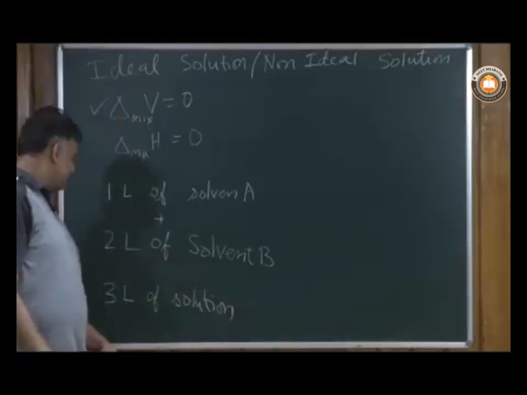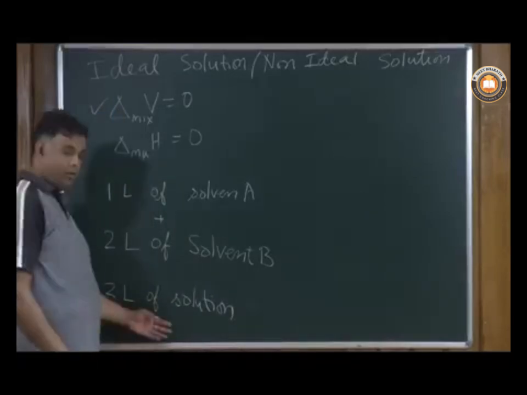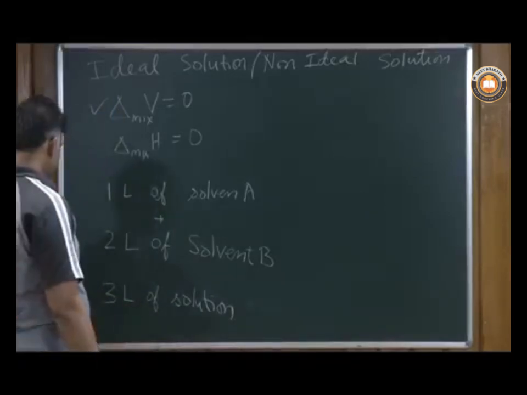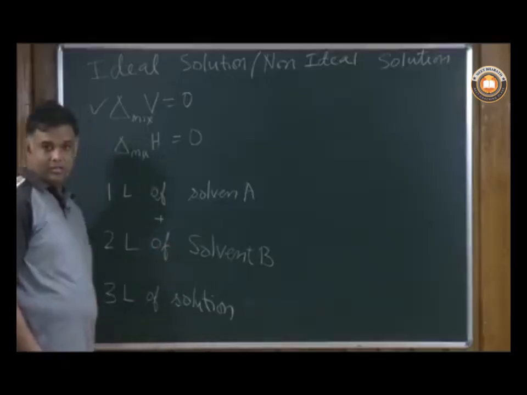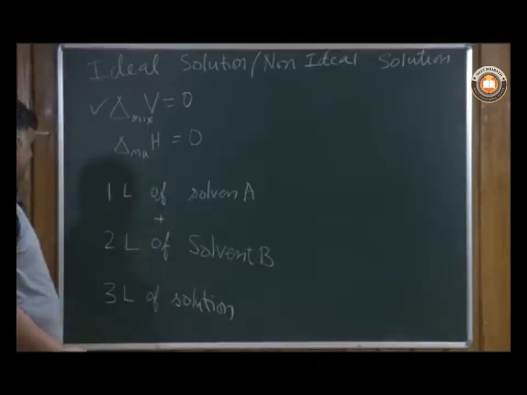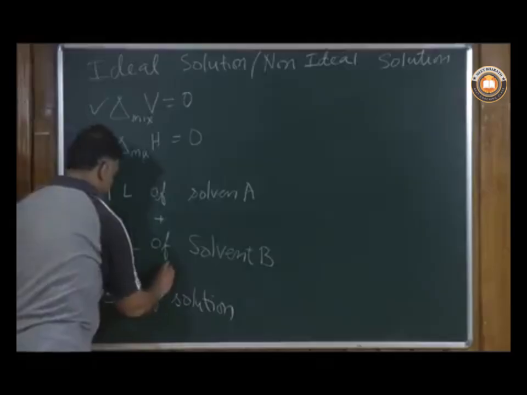And the second condition is if no heat is evolved during the mixing, that is, if the temperature does not change after the mixing, then it is an ideal solution.